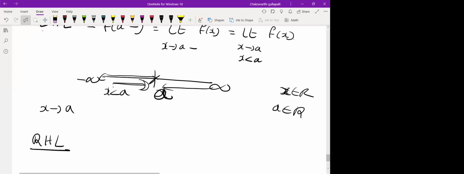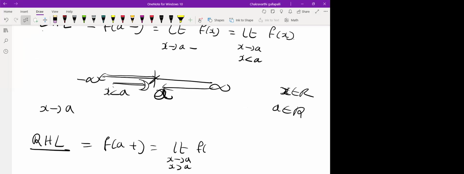Then that value is what is called RHL. It is denoted by f of a plus, and it is defined as limit x approaching a, x greater than a, of f of x. This is what is called right hand limit.